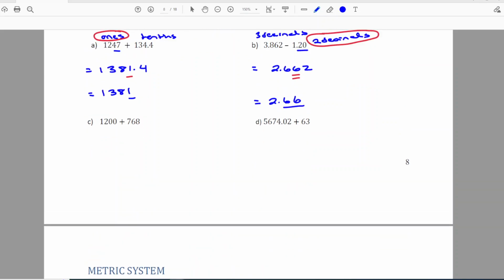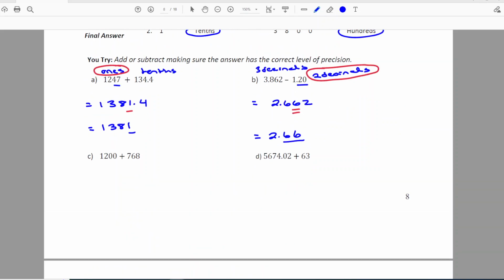Okay, you give these next 2 a try. 1,200 plus 768 gives me 1,968. This one is precise to the hundreds, and this one's precise to the ones. So I can only go to the hundreds, which means I'm rounding the 9. Ugh. Why did I ask this question?